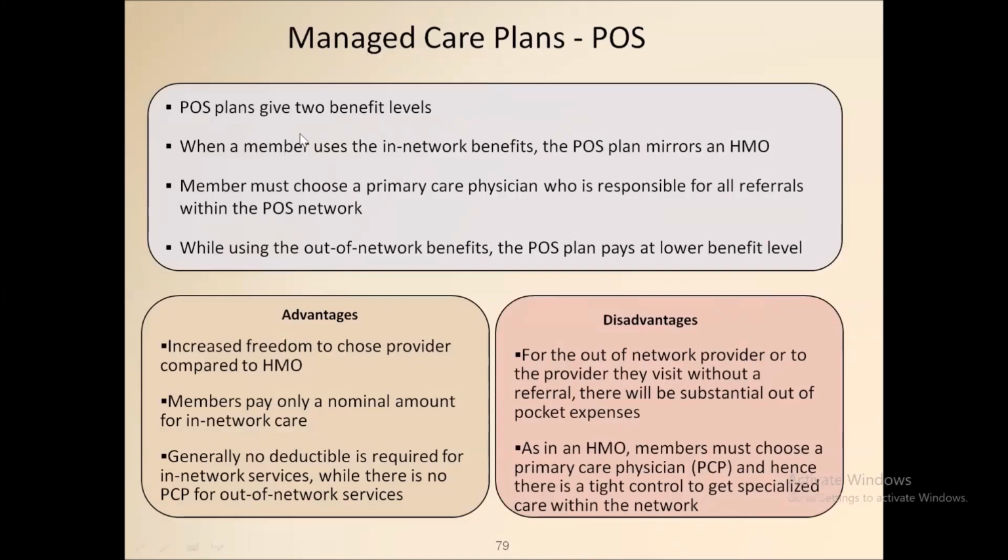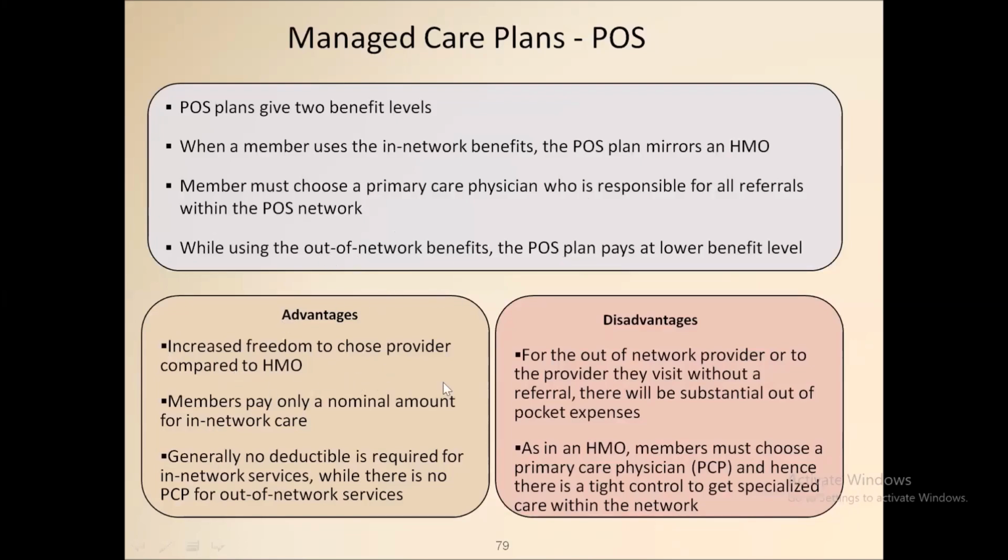So a POS plan has two benefit levels. When a member uses in-network benefit, the POS plan mirrors an HMO. The member must choose a primary care physician who is responsible for all referrals within the POS network. While using out-of-network benefit, the POS plan pays at a lower benefit level. That means like a PPO, wherein the plan pays less, but you pay more from your pocket because you are using an out-of-network provider.